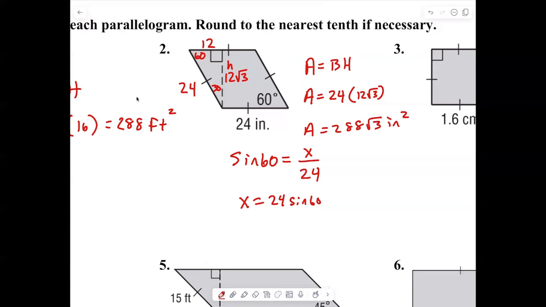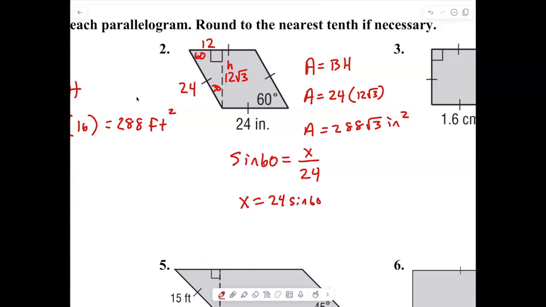And then once you got that answer, that represents the height. So now do 24 times that answer. And then do 288 radical 3, and they should be the same thing. If they're not the same thing, then you didn't do it correct on your calculator.